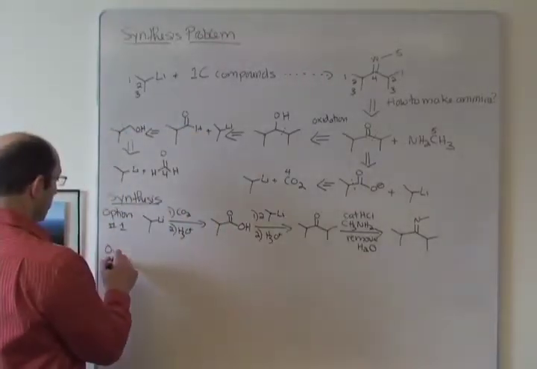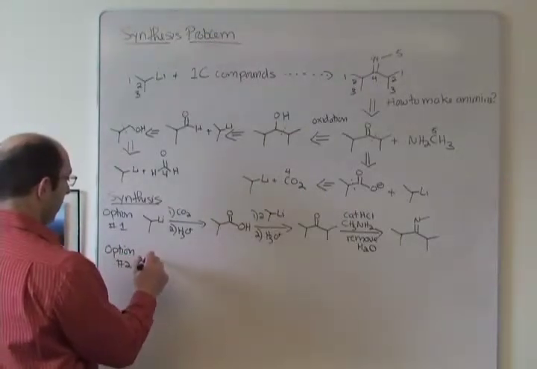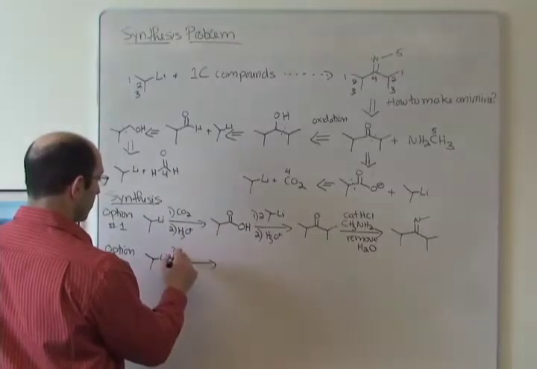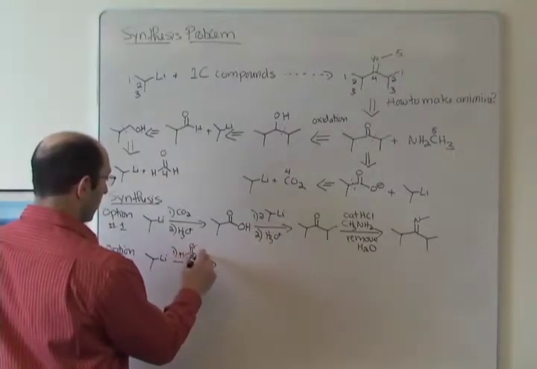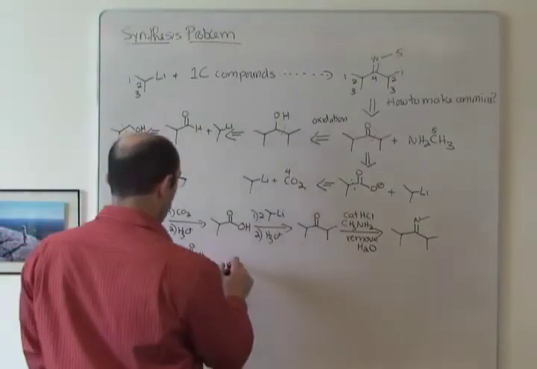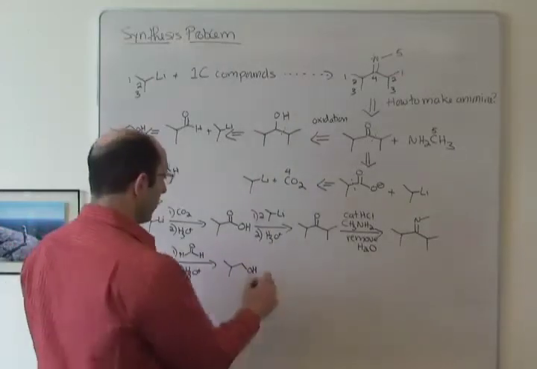All right, then we can do option number 2. Alkyllithium reacts with formaldehyde and acid. That gives us a primary alcohol.